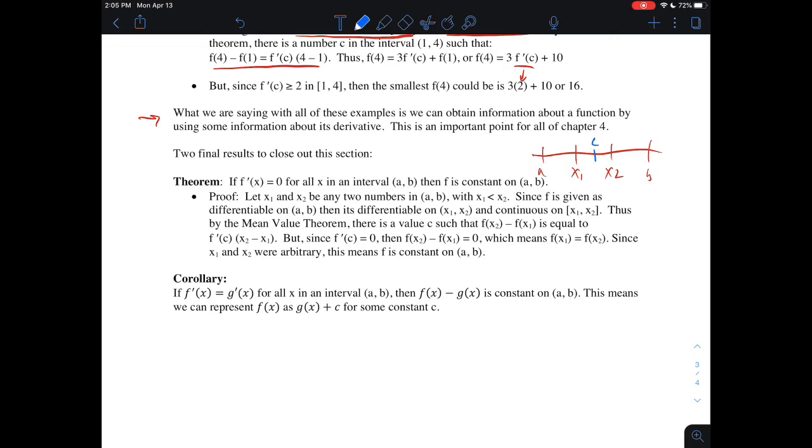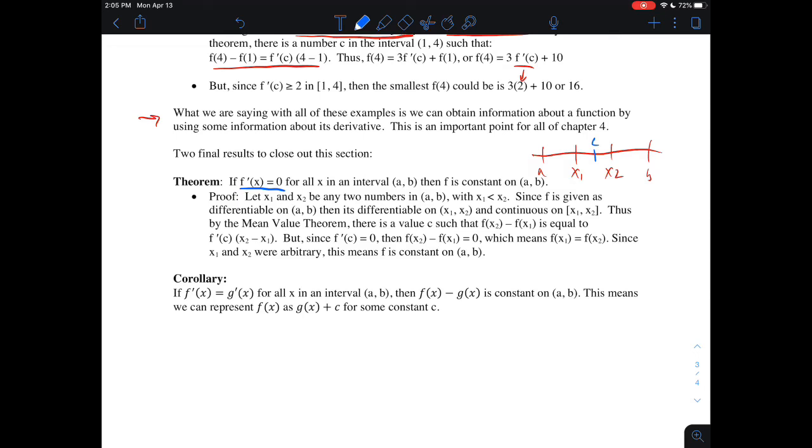But since we were told that the derivative is equal to 0 for all values between a and b, then this is telling us that f of x2 minus f of x1 is equal to 0, which means f of x1 is equal to f of x2. Since x1 and x2 were arbitrary, this means that f is constant for all values on ab.